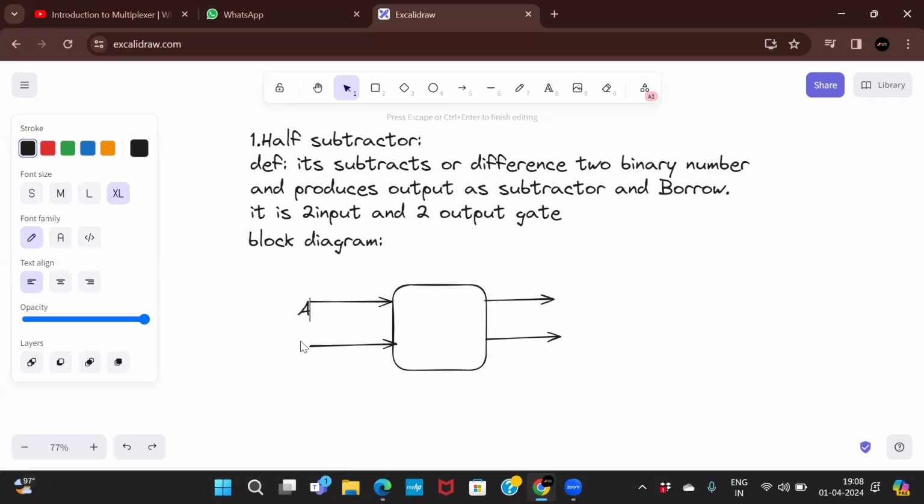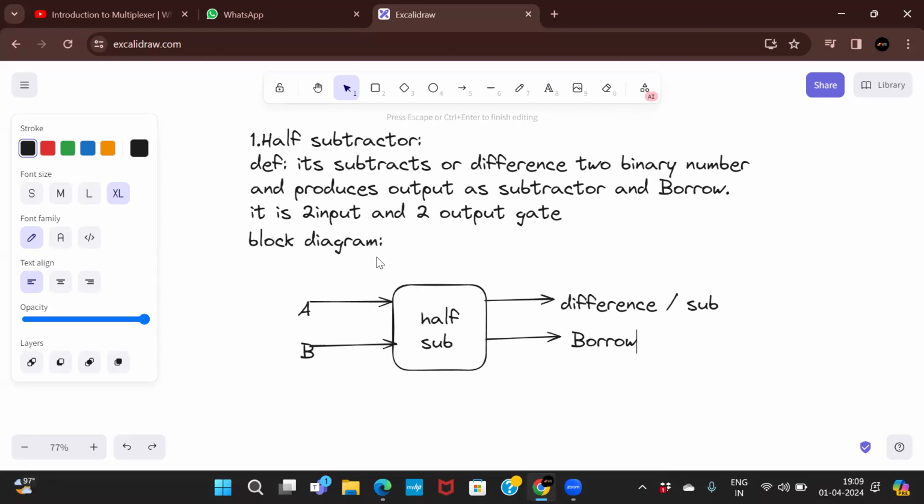The inputs are A and B. The box is the subtractor, and it produces the difference and the borrow.